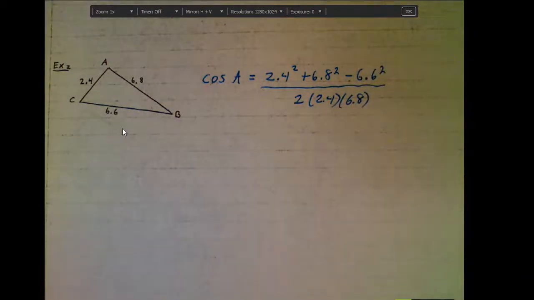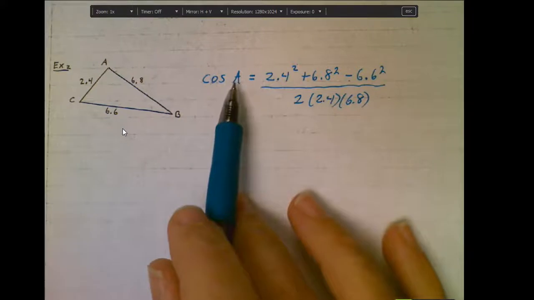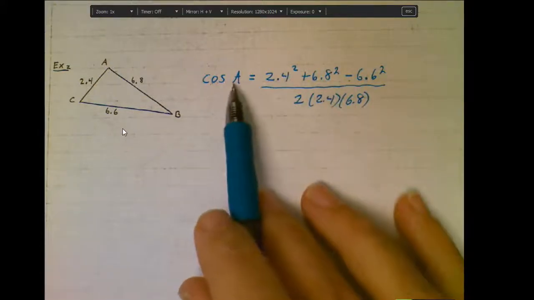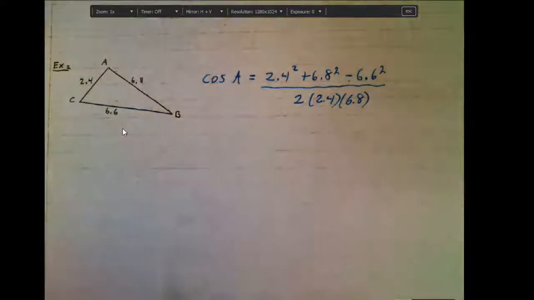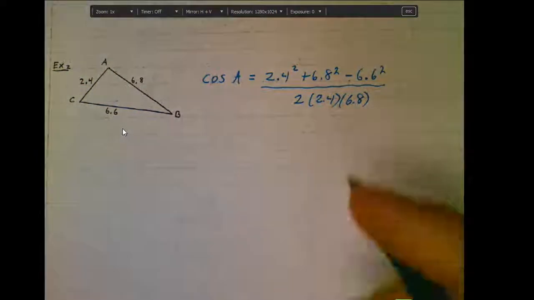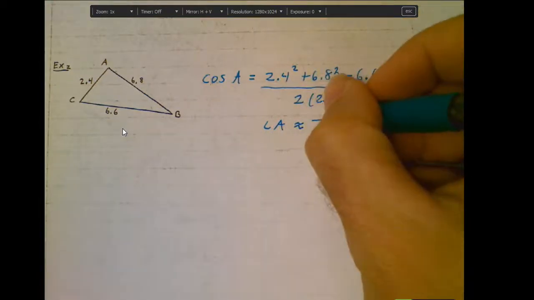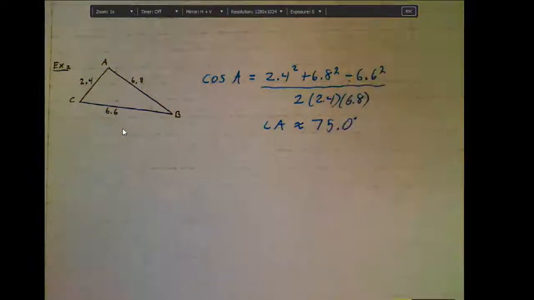The rest is calculator work, and as always, you are solving for an angle measure, so you're going to have to do the inverse cosine of all of this in order to get your angle. So try punching all that into your calculator, see what you get. Should come out to angle A being about 75 degrees if you do that right.